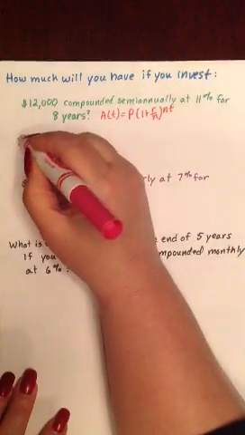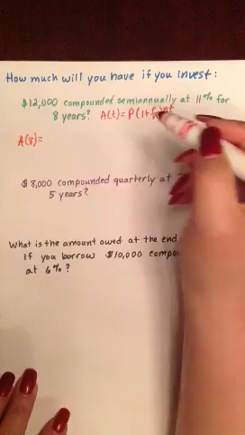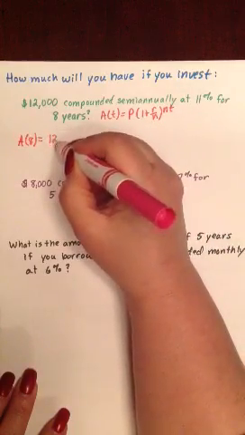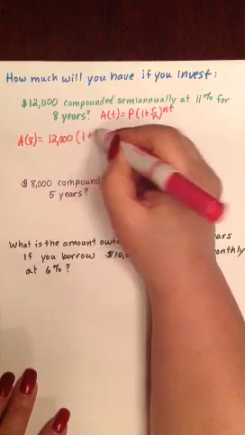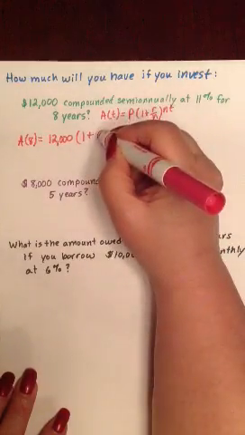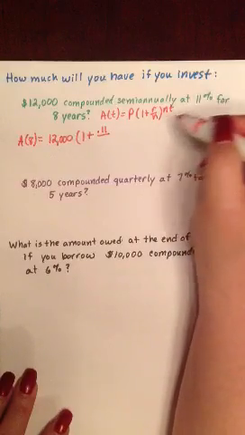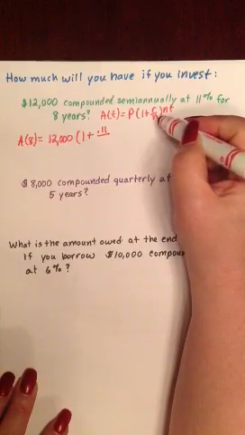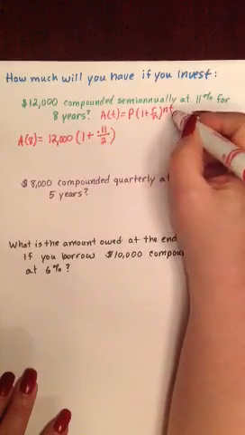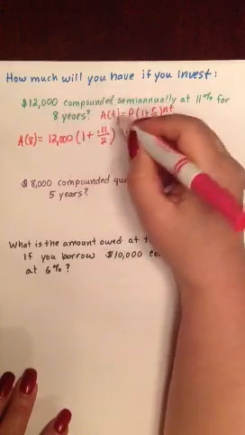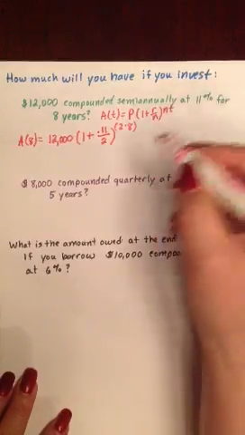So the amount we will have after 8 years is equal to the initial amount we start with, or the principal, which is $12,000, times 1 plus our rate of interest is 11%, so that's 0.11. N is the number of times a year it compounds, and so semi-annually means twice a year, to the nt power, and at the time was 8 years, so it'll be 2 times 8, or 16.